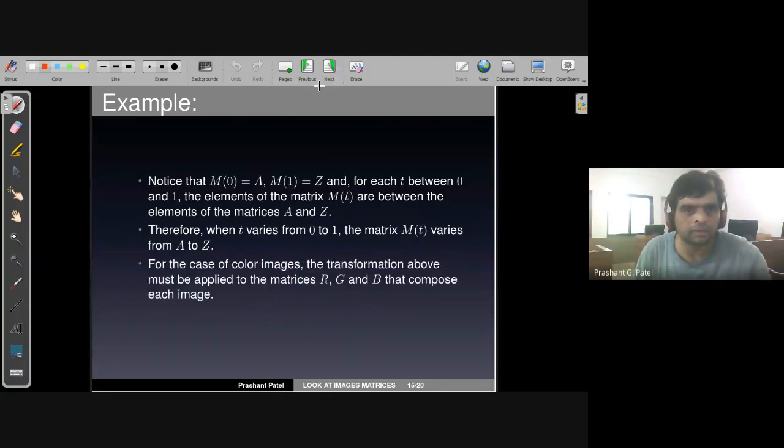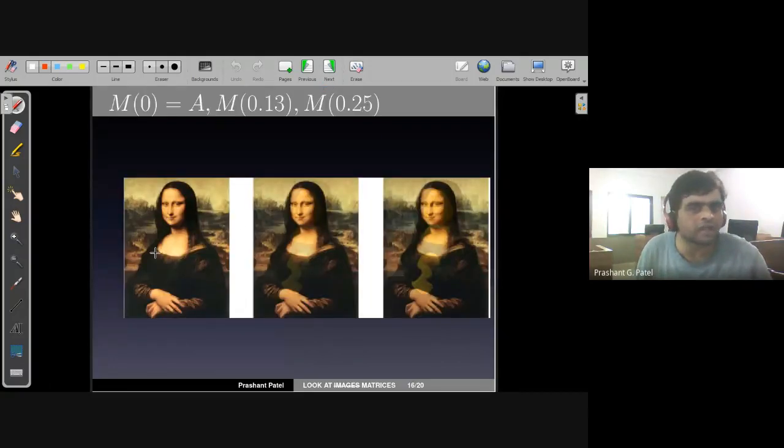For color images, the transformation must be applied to the RGB channels that compose each image. Let us see this Mona Lisa image. We have the original image as A, and here my T is 0. Here my T is 0.13.